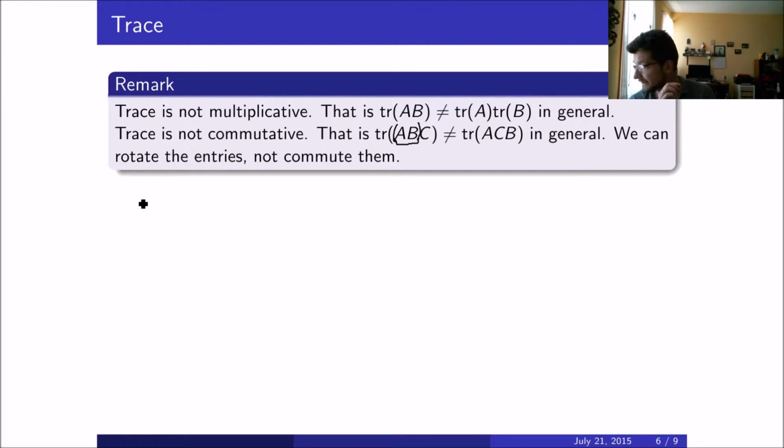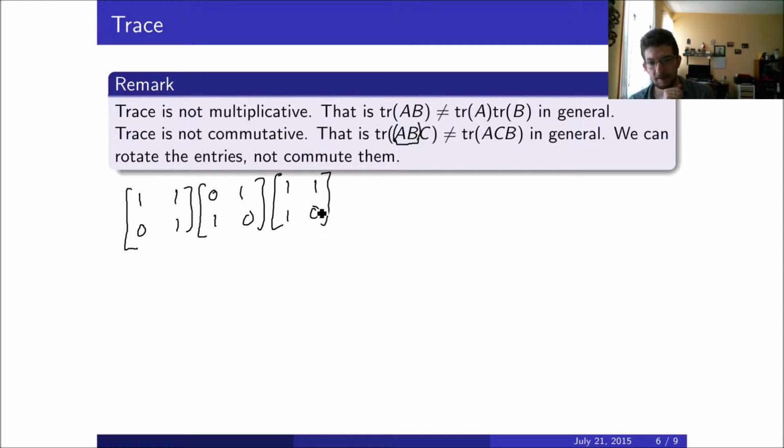Let's do the trace. I'm going to let A be 1, 1, 0, 1, and then I'll put B as 0, 1, 1, 0, and C as 1, 1, 1, 0.